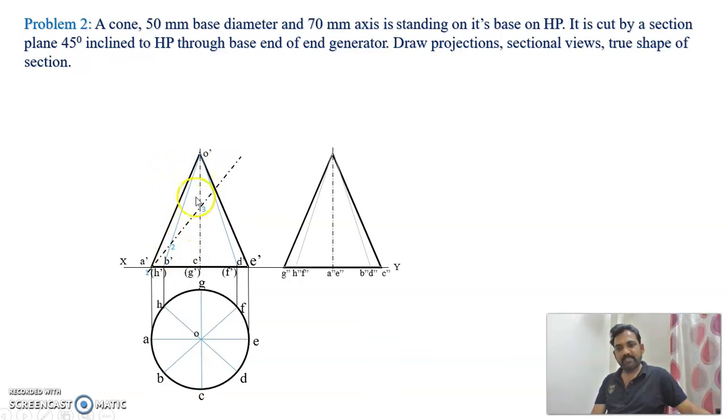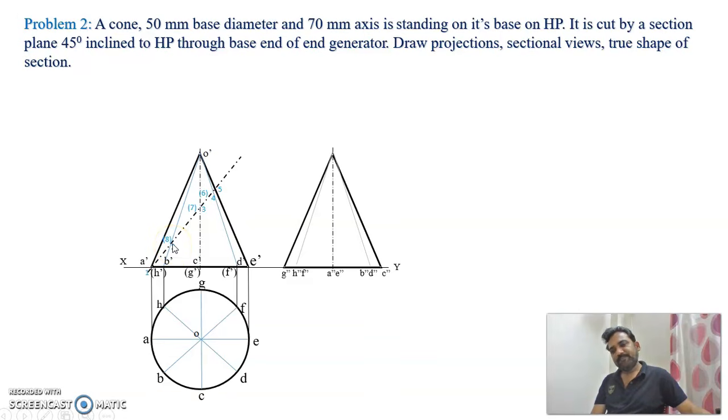Then O dash C dash is point 3, O dash D dash point 4, O dash E dash point 5, then O dash F dash point 6, O dash G dash point 7 and O dash H dash point 8.